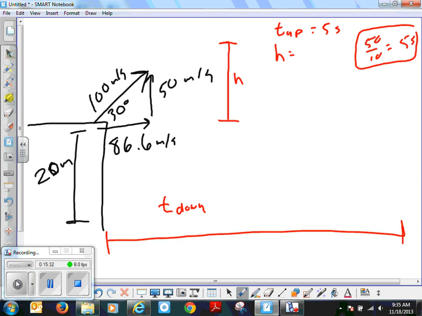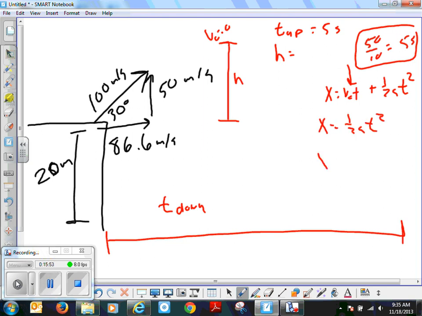The height up then, though, we could use x equals v sub naught t plus 1/2 at squared. And you can just zero this out right here, right? Because you know up here, v sub naught equals 0. So then x is 1/2 at squared.